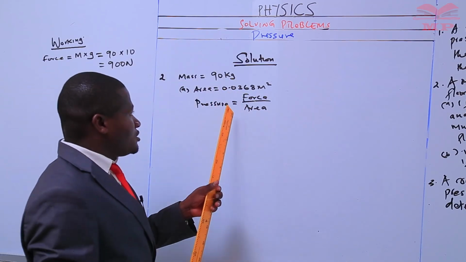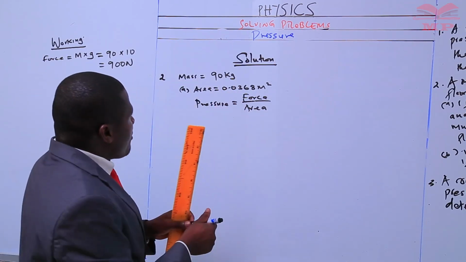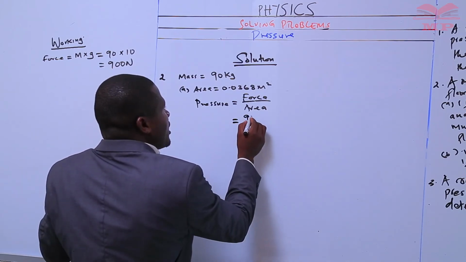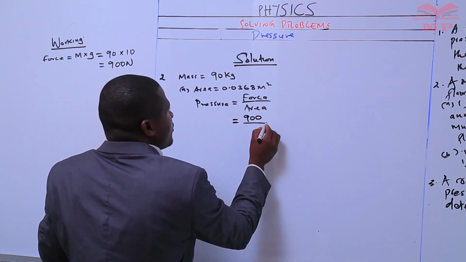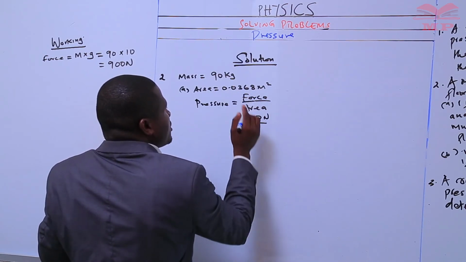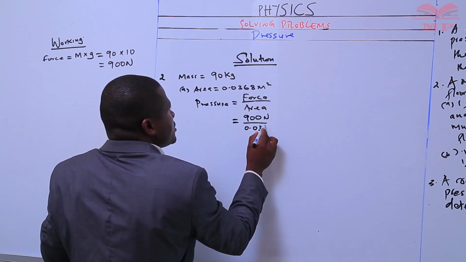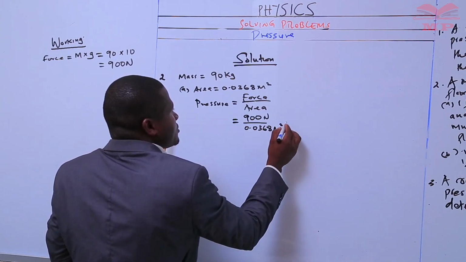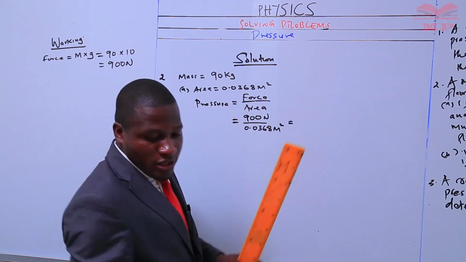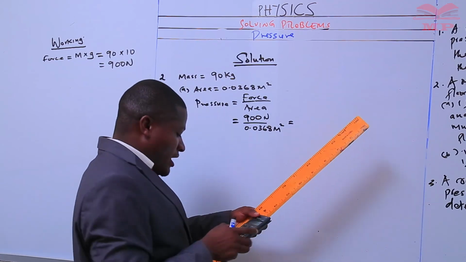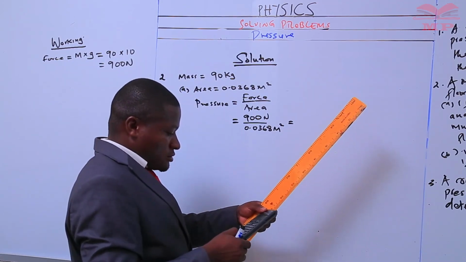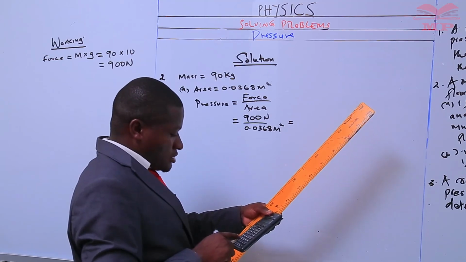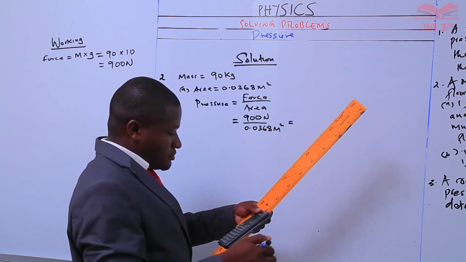We substitute it into our formula, whereby now pressure will give us force 900 divided by area, which is 0.0368 meters squared. So when you use the calculator, we have 900 divided by 0.0368.